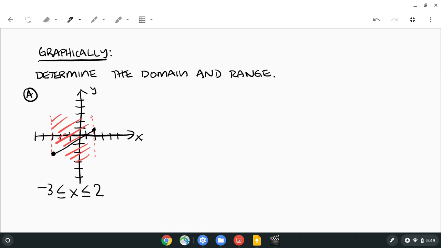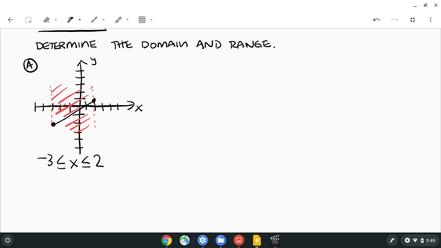Okay, now another way to write this is by using set notation. So -3, and we'll use a bracket because it's less than or equal. So right here, less than or equal uses the bracket. If it said only less than, not equal, then we would use a parenthesis.